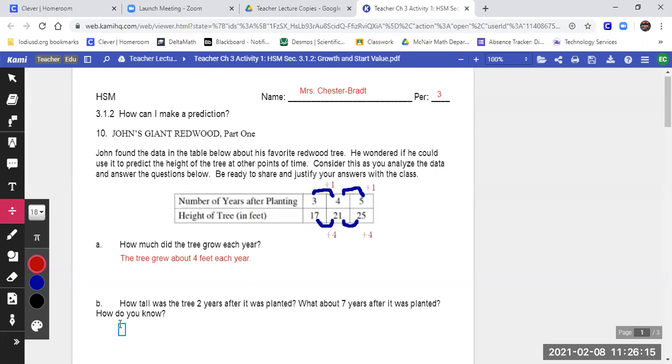Okay, we said subtracting. Subtracting from what? Subtracting is an operation. It's not what you're subtracting from. What are we subtracting from? What piece of the table are we looking at to figure out tall of the tree?